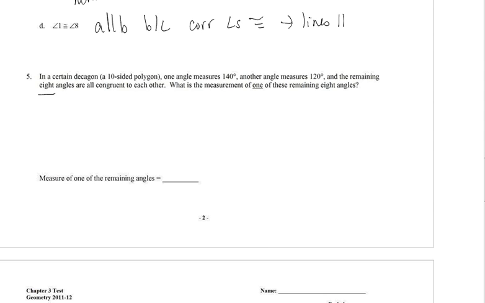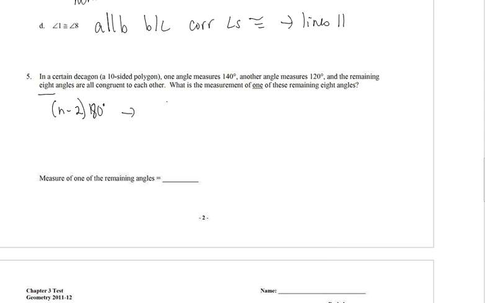Okay, to get started on this problem, you needed to know how to find out how many degrees in total are in a decagon. So hopefully somewhere in your notes or committed to memory, you knew this, that the sum of interior angles in a polygon is equal to n minus 2 times 180.